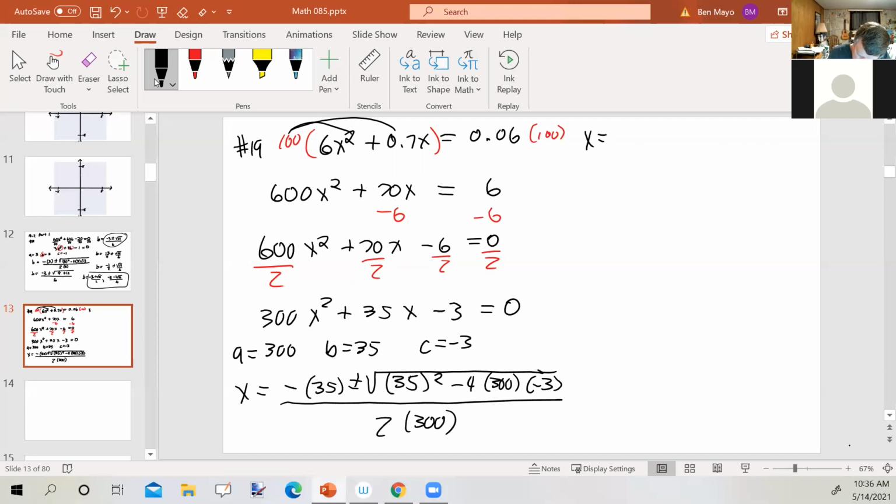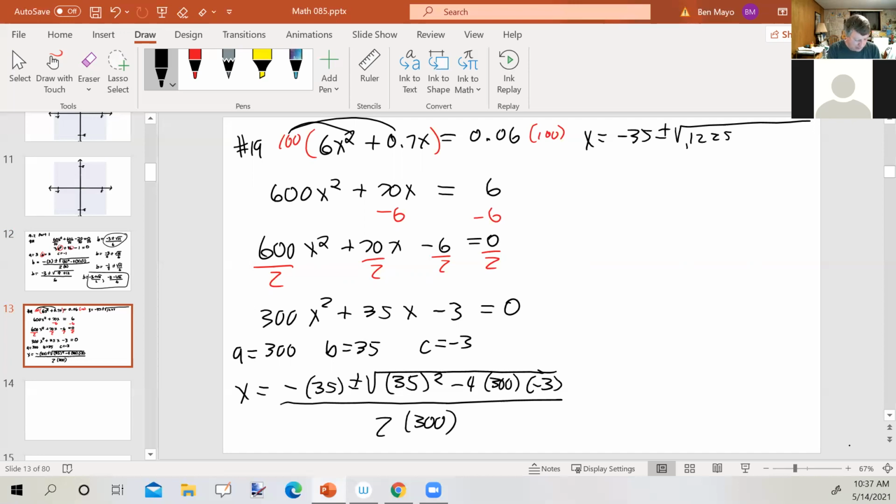So x equals -35 plus or minus the square root of, let's see, 35 squared. 35 squared is 1225. Okay. Minus 4 times 300 times -3 is going to be positive.